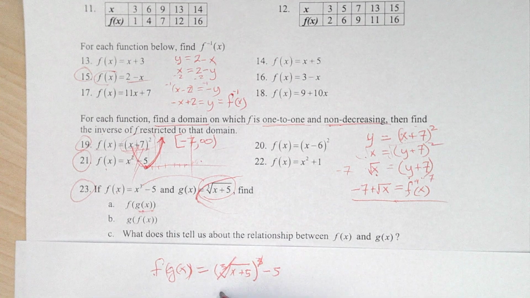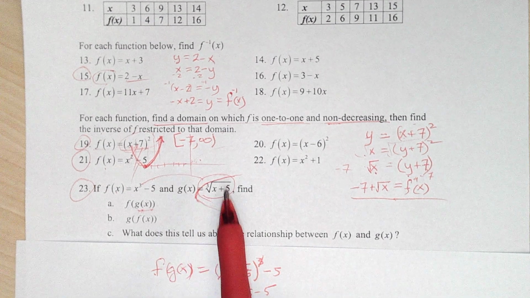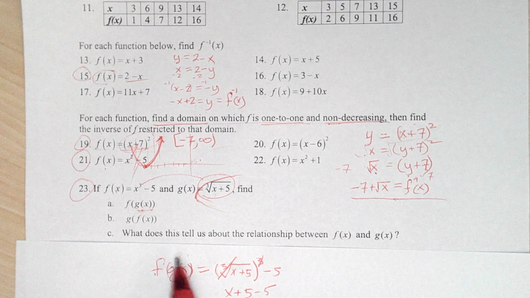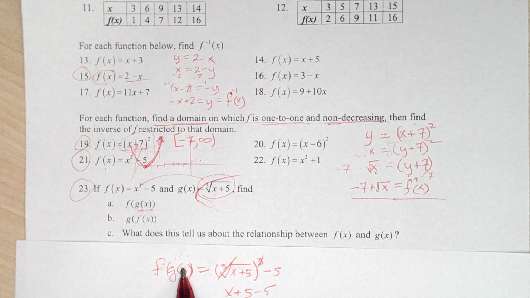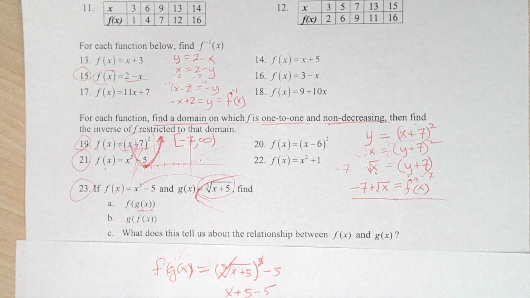Cubing the cube root gets rid of it, so we've got x plus 5 minus 5, which is x. What this is saying is if I put something into g, I will get a new number, but then if I put it into f, I'll get back to what I started with. That means f and g are inverses of each other.